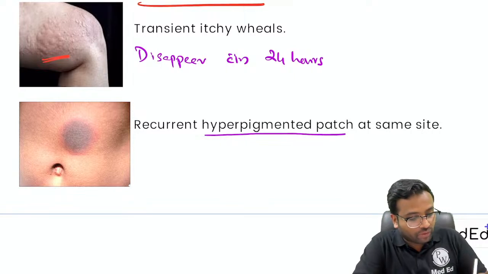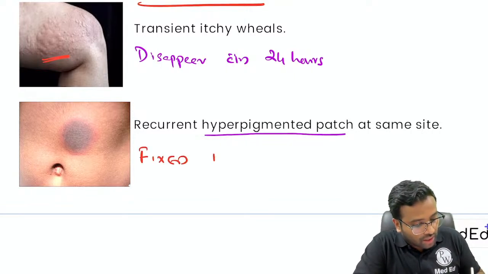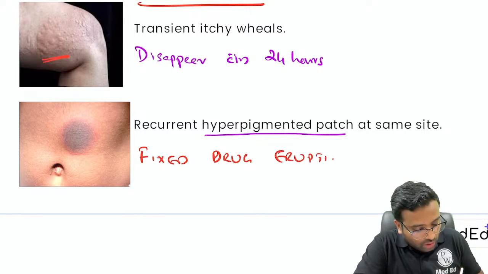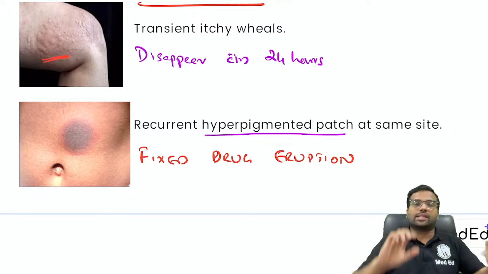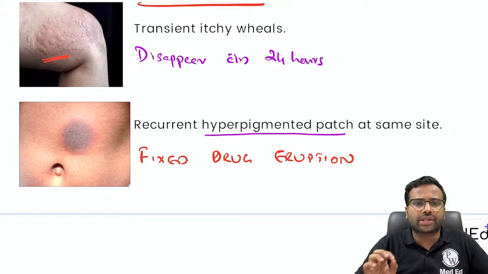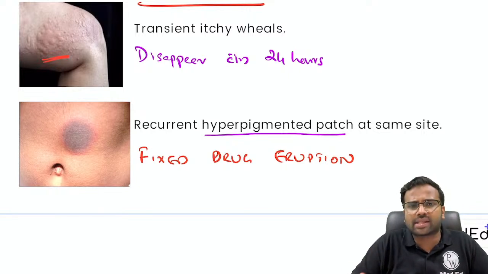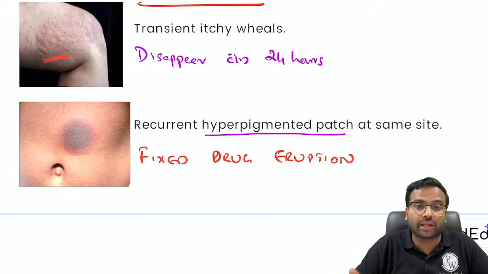So here we'll label this one as fixed drug eruption. So you have to go with a very clear concept. What happens here? Patient is taking a drug, any drug, let us say diclofenac. The patient is taking a diclofenac tablet.